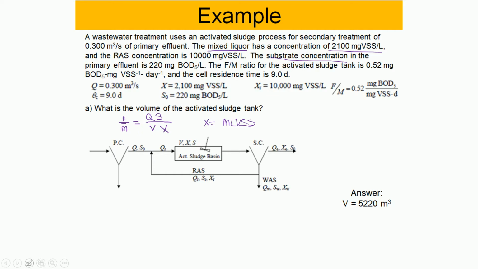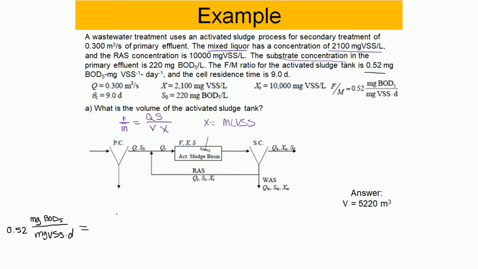So let's go ahead and use this equation. Our F/M ratio is given to us right here: 0.52 milligrams of BOD, biological oxygen demand, divided by milligrams of VSS times day.